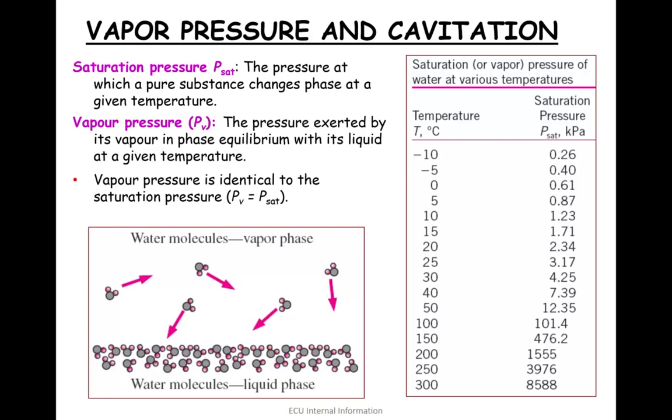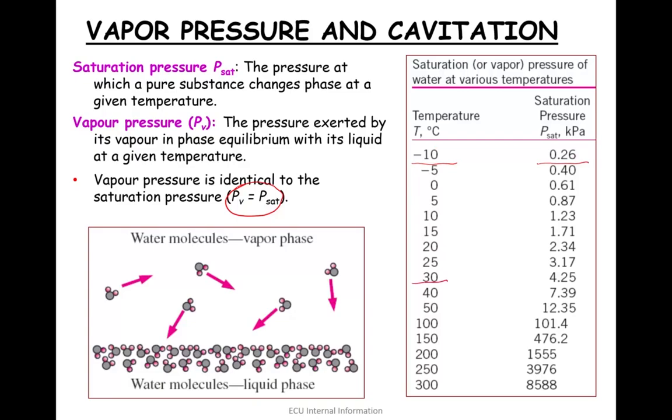Now, when we're talking about vapor pressure, we normally say vapor pressure and saturation pressure, which is here. Saturation pressure or vapor pressure changes with temperature. If, for example, the temperature is -10, then the saturation pressure would be that.